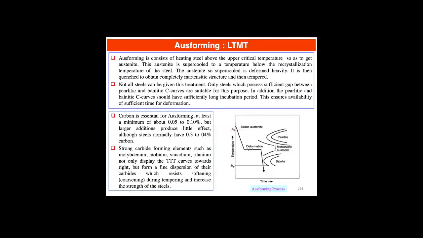In some cases, why would we want to do this? Why would we want to form in the metastable austenite region rather than above the stable? So you can avoid grain growth.